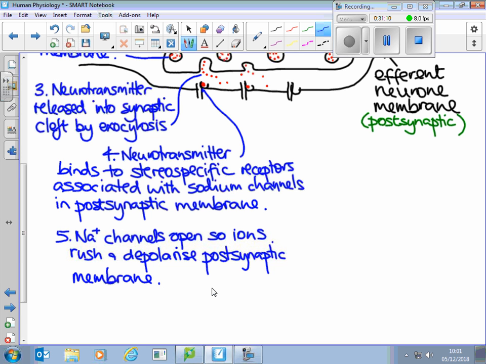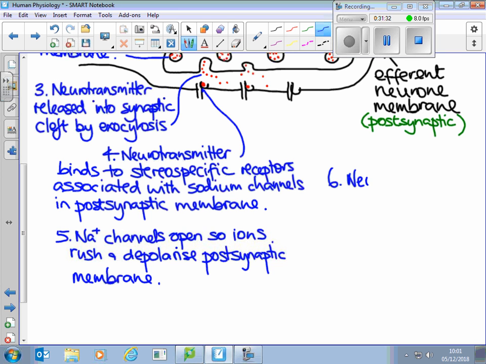So the final thing that happens here would be that the neurotransmitter is actually broken down, possibly by an enzyme. There's one very common one I'll give you here. It may not be broken down, but it will actually be reabsorbed into the presynaptic cell.